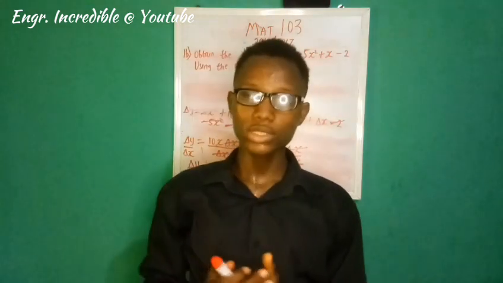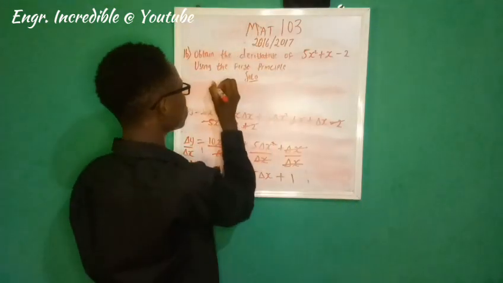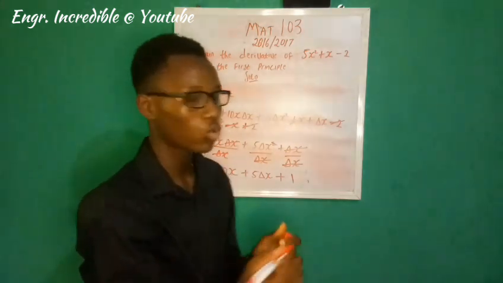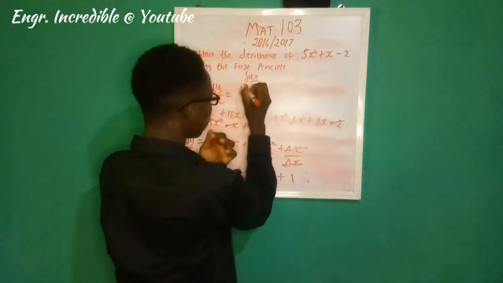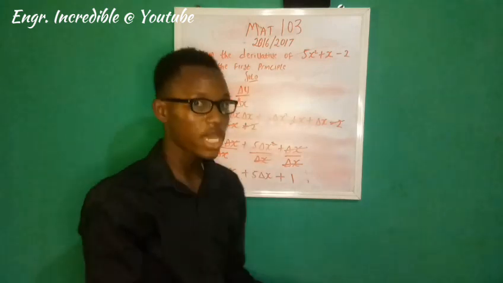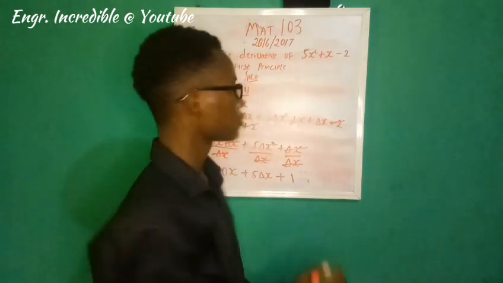Now we know that dy dx is equal to delta y over delta x, where delta x tends to 0.